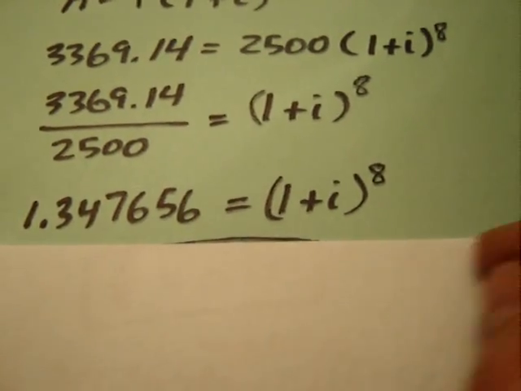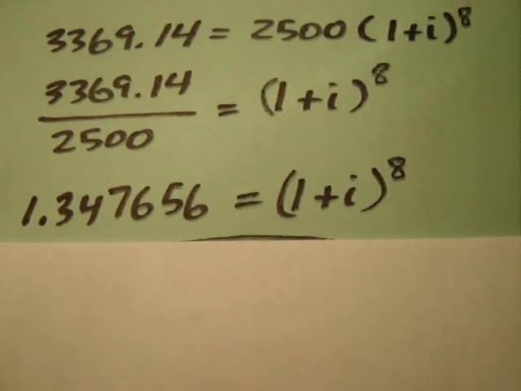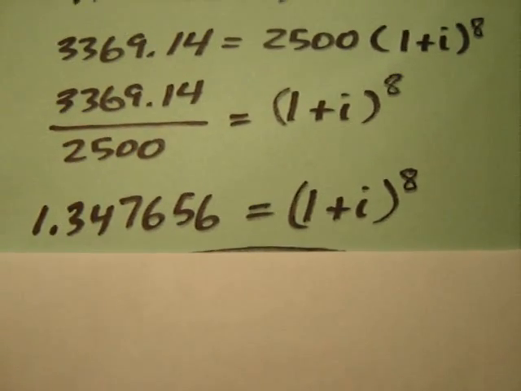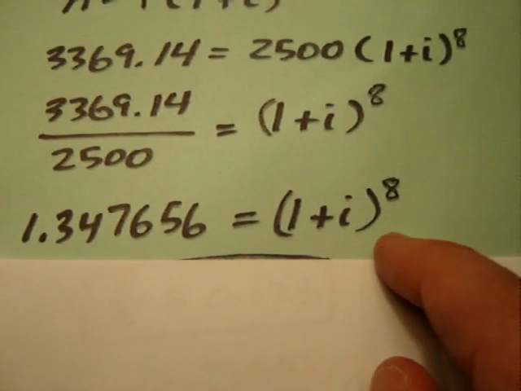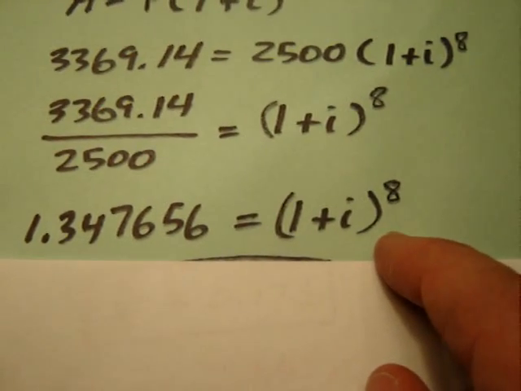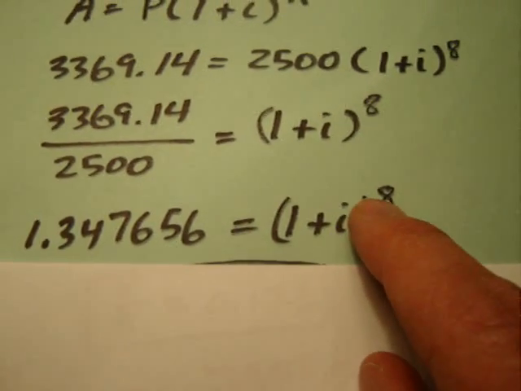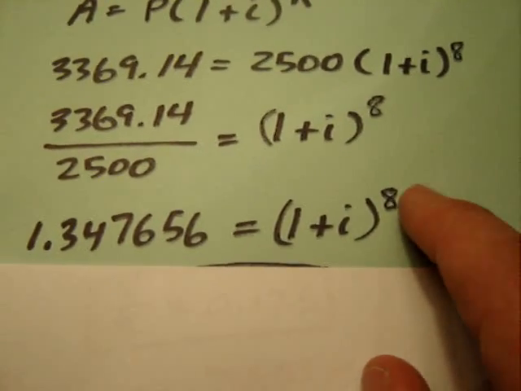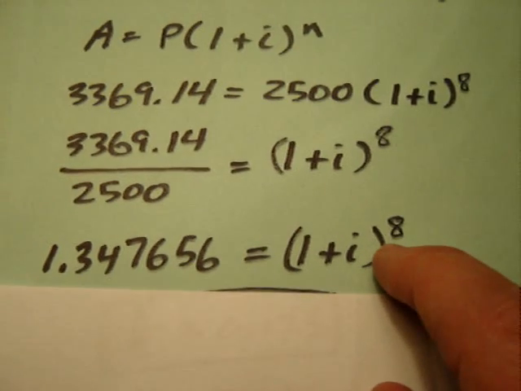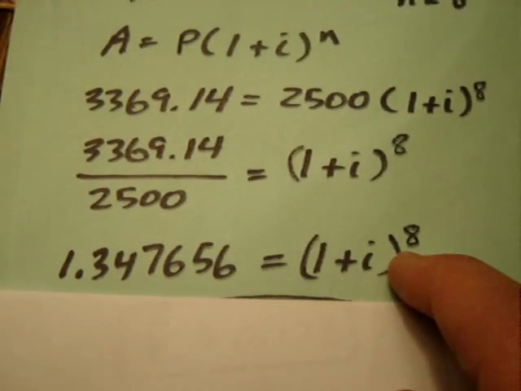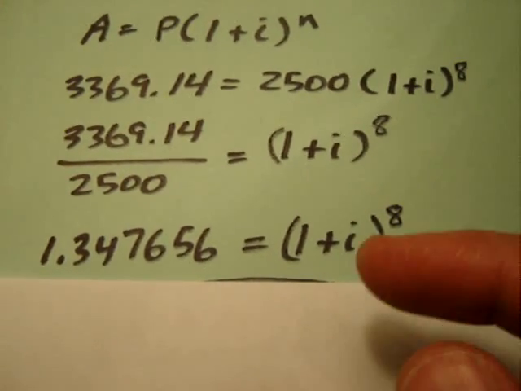And I'm going to show you a little method we can do that goes back to the power rule we learned some time ago. If I raise this entire right side to the exponent 1/8, the power rule tells us that I multiply 8 times 1/8 to get a new exponent of 1. Well, what I do to the right-hand side, I must do to the left-hand side.